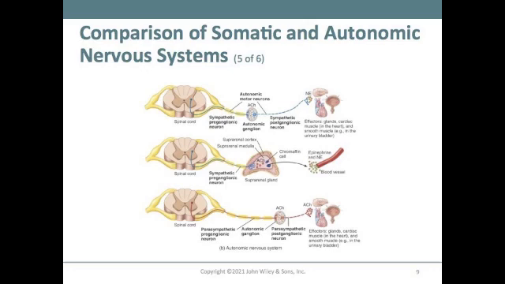The book points out that people who are very sophisticated with their yoga practice have the ability to have some control over these autonomic systems. But for the most part, most people have no control over their autonomic nervous system. It's just completely involuntary.